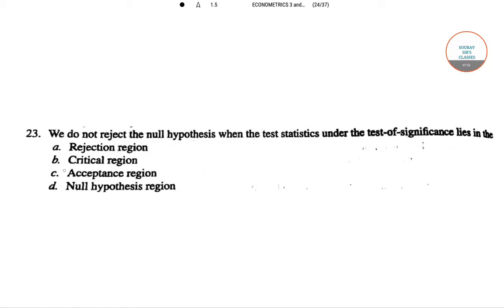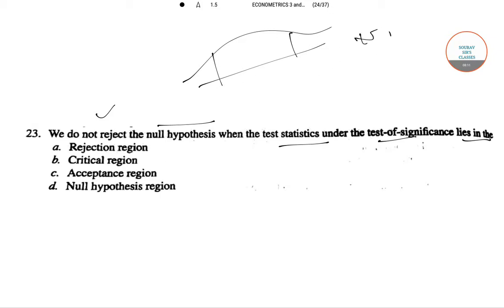The 23rd question is, we do not reject the null hypothesis when the t-statistic under the test of significance lies in the critical region, rejection region, acceptance region, or the null hypothesis region. Obviously, the t-statistic is a two-tailed test just like the normal.